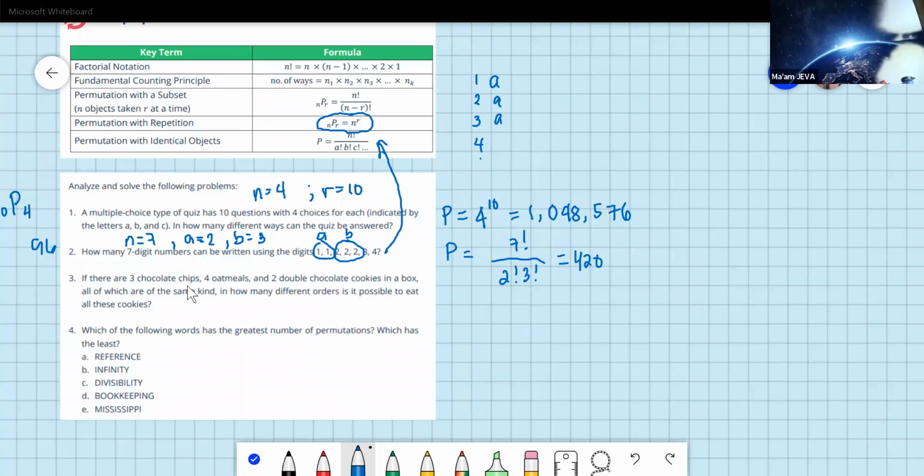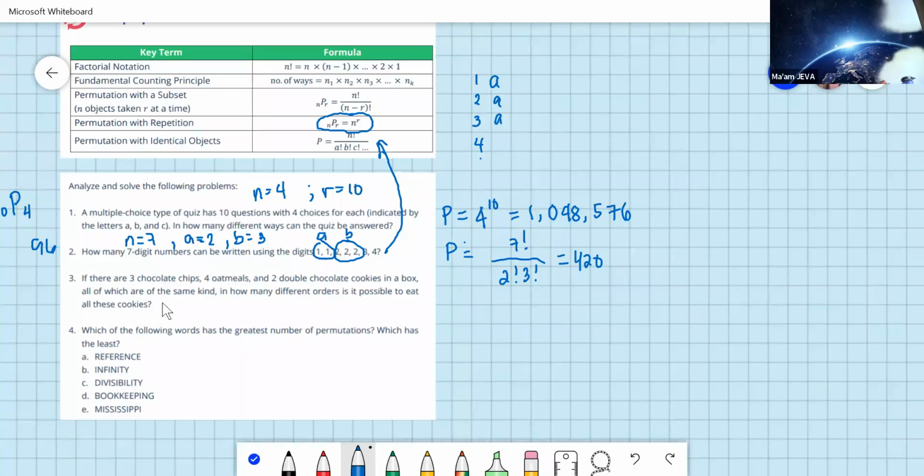You have chocolate chips, oatmeals, and double chocolate cookies. But they are identical, meaning there are 3 chocolate chips that are all the same, and 4 oatmeals. So probably this is also an example of identical objects. So you identify your N. What is your N?